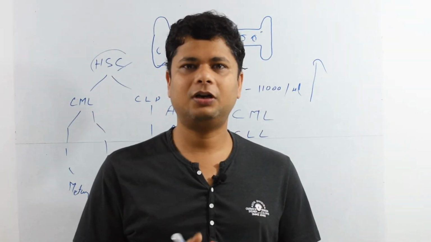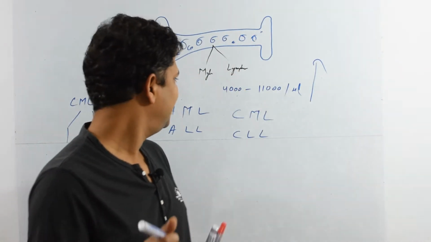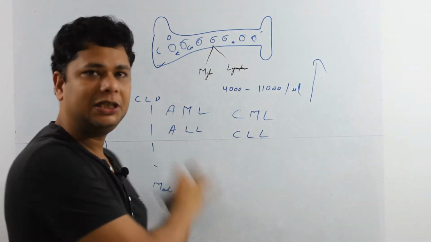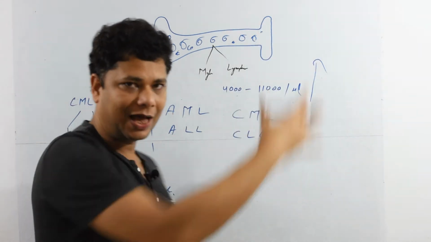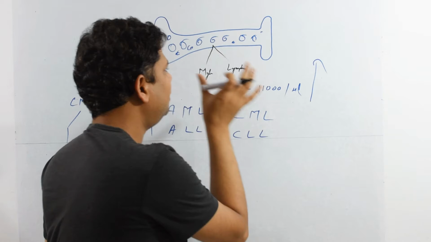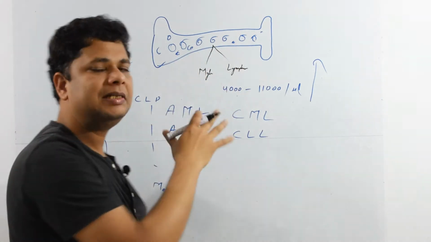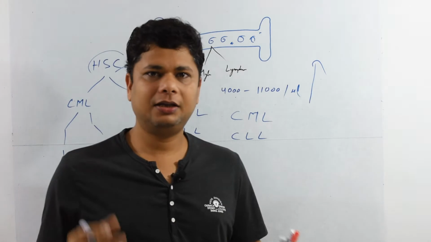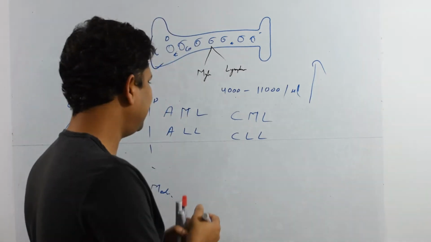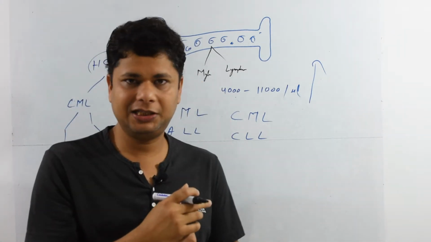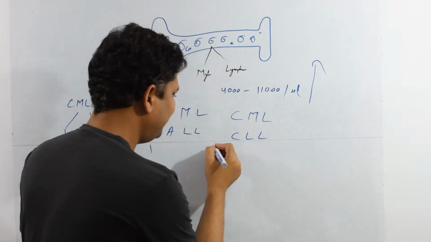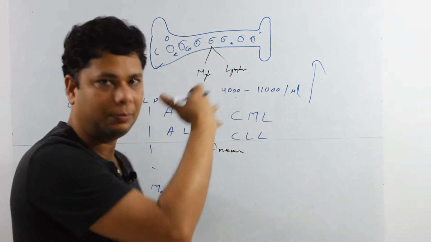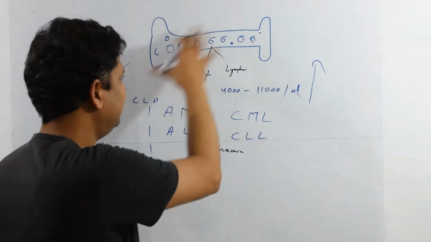Next, what are the symptoms of this disease? As I said, these immature cells grow very fast. Because of the growth of these cells, the mature cells are reduced. In some cases there will be fewer erythrocytes, so there will be anemia, because these cells populate the periphery and the bone marrow.